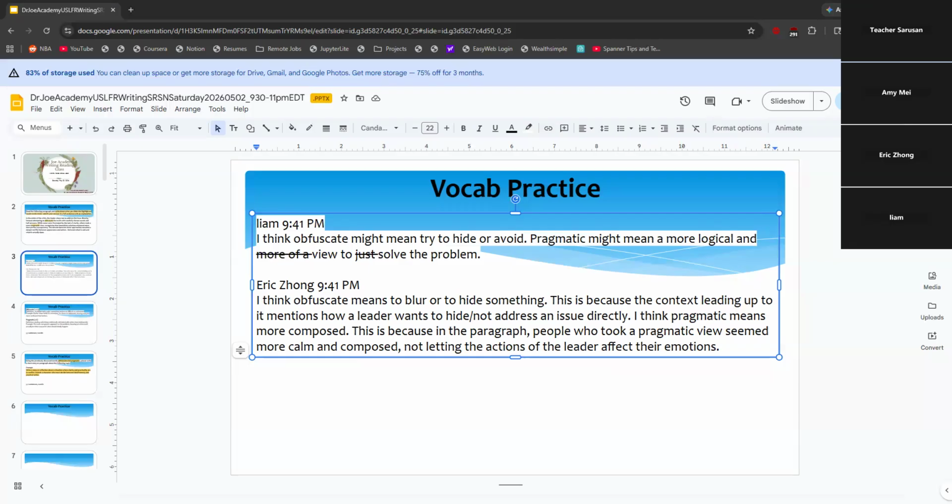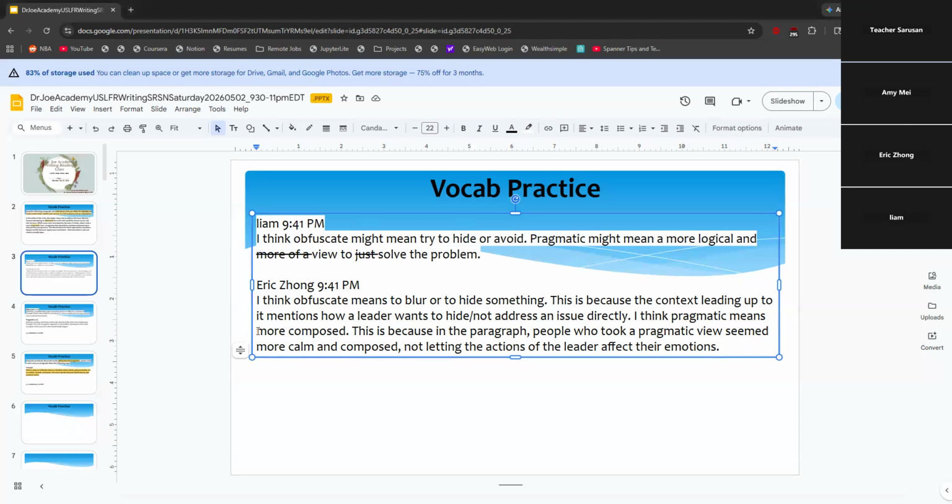All right. Great job. So I really like that last part where you're basing your answer off of something in this story. I think obfuscate means to blur or to hide something. This is because the context leading up to it mentions how a leader wants to hide slash not address an issue directly. I think pragmatic means more composed.